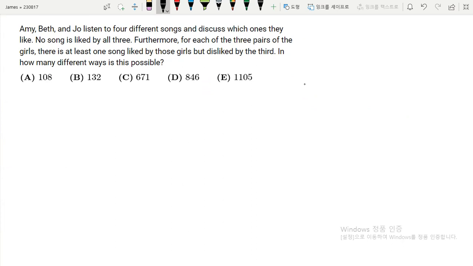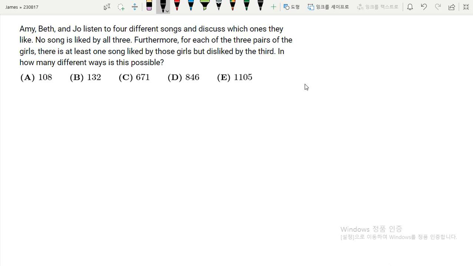So in this case, one song is liked by two girls, but disliked by the third.